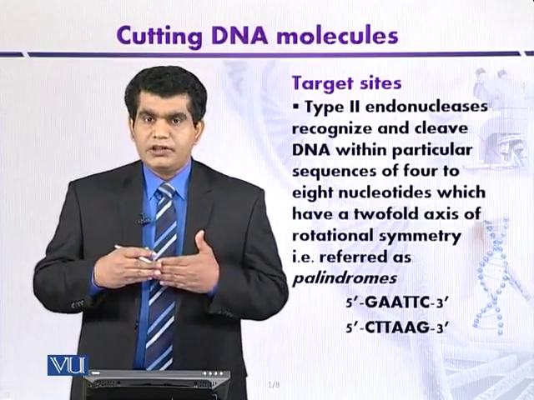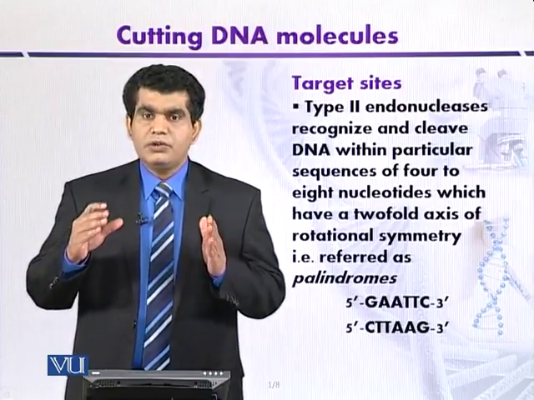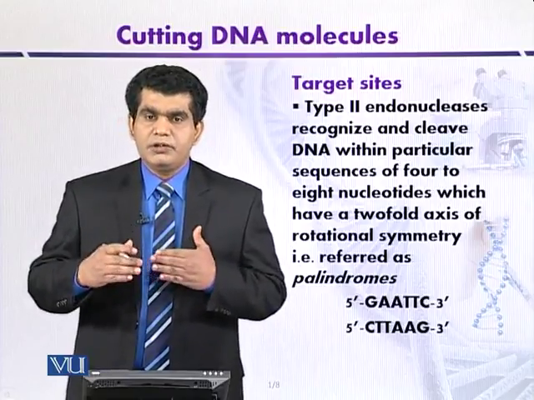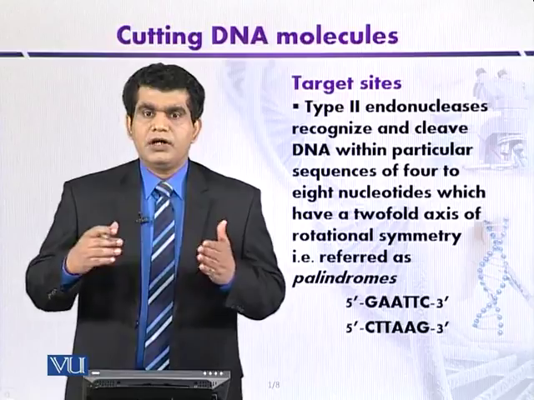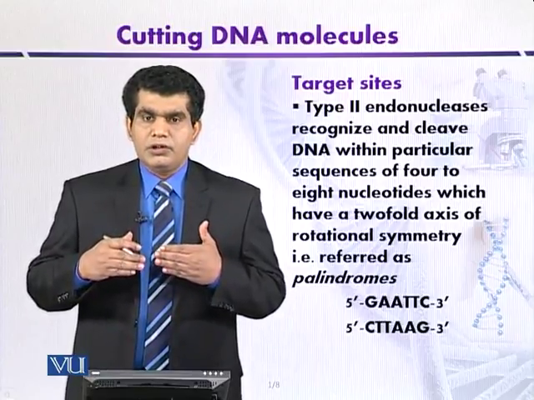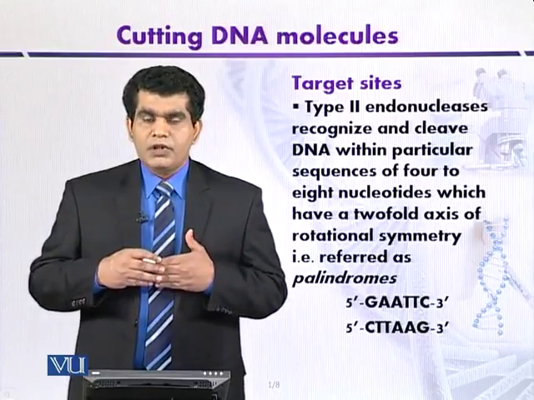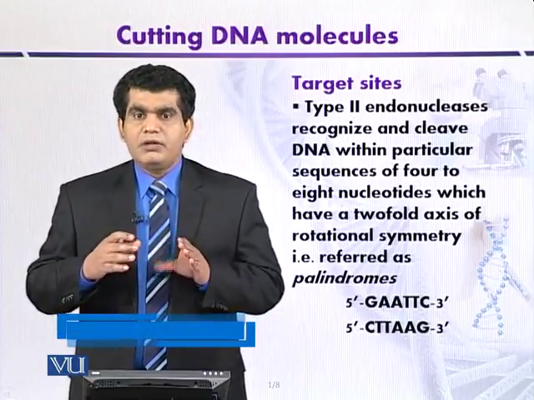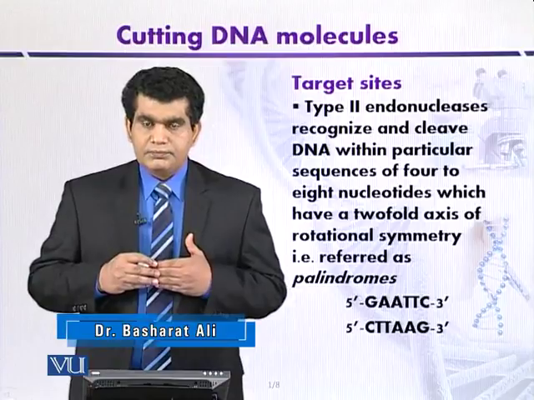Simply we can say that they recognize nucleotide sequences at specific sites, which may be 4 base pairs or 3 base pairs or 6 base pairs long, having rotational symmetry or palindromic sequences.